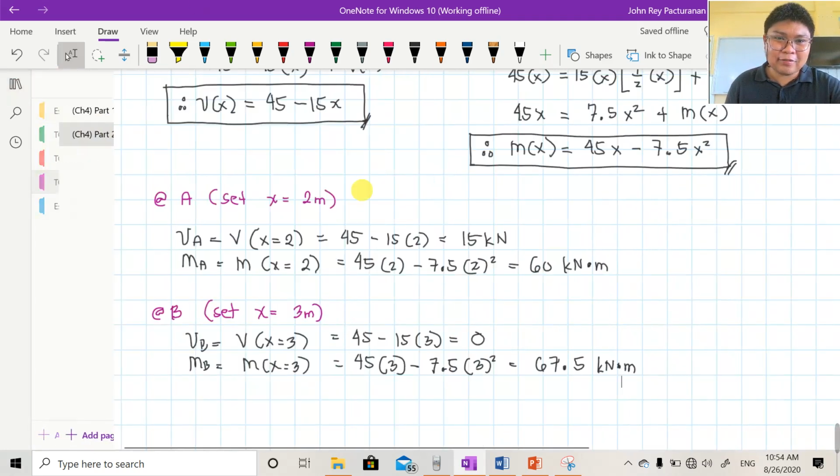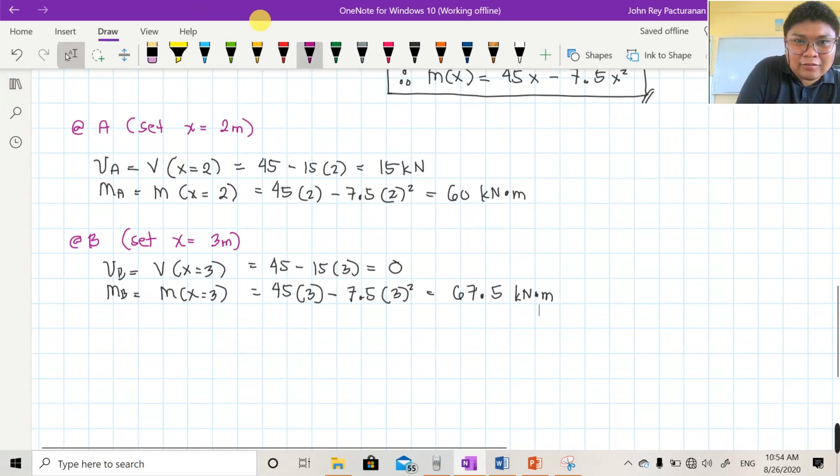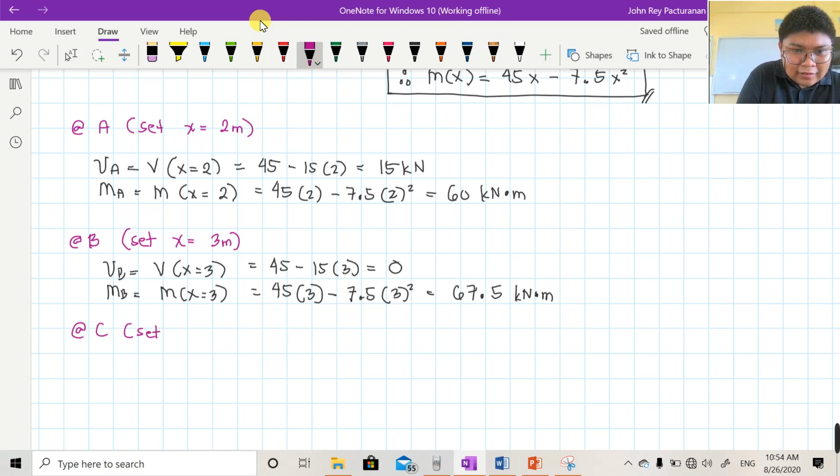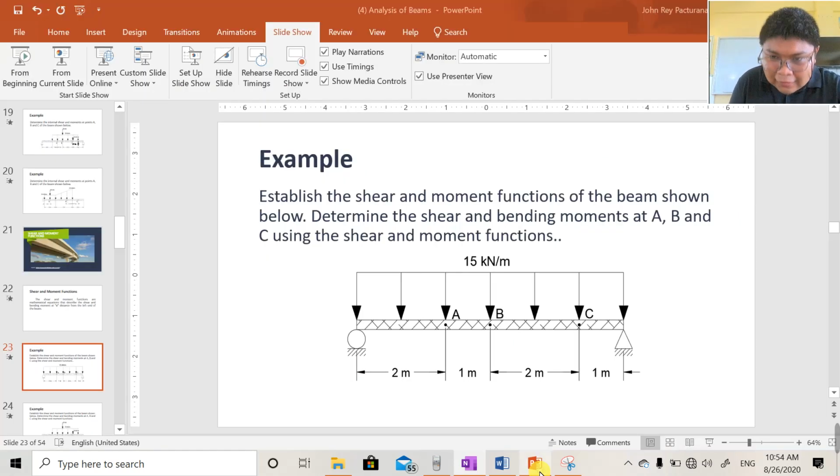Okay? So, to finish this problem, let's finish it at C. Of course, what you will do is set x equal to, let's go back to the problem. I will repeat, x is always, class, the distance from the left end. This is our left end, right? So, how far is C? In this case, 2 plus 1 plus 2, that is 5 meters.